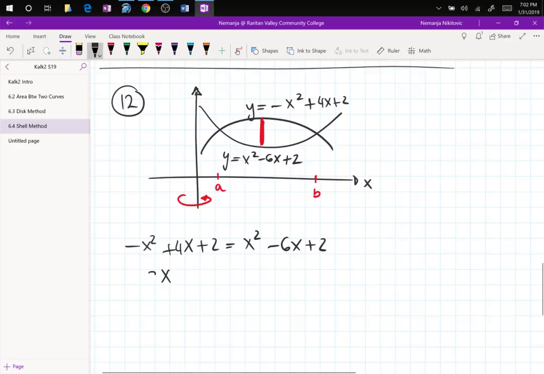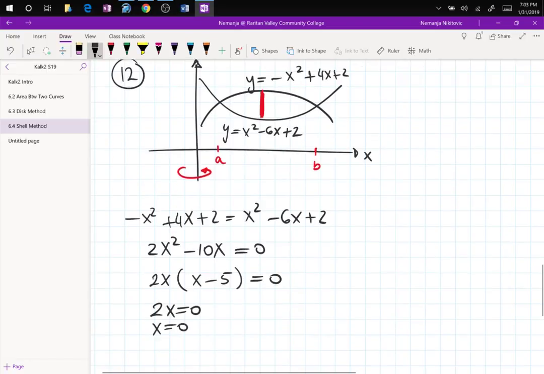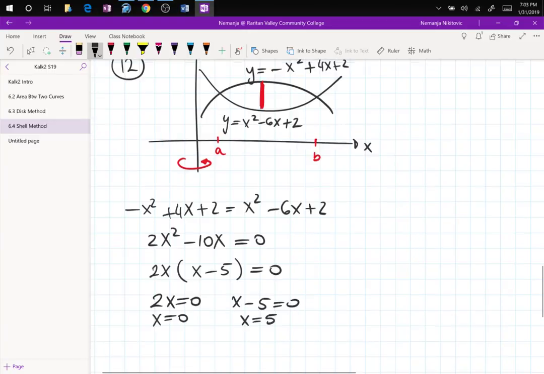Bring everything to the same side, so 2x squared minus 10x equal to 0. And then you can cancel by 2, or you can just factor out 2x to get x minus 5 equal to 0. 2x equal to 0 gives you x equals 0 as a limit, and x minus 5 equal to 0 gives you x is 5. Great.